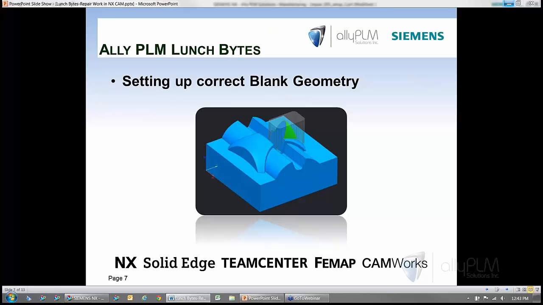Alright, now we're going to take another look at an example of another type of design change, but this time we're going to use a different method to complete the design change.